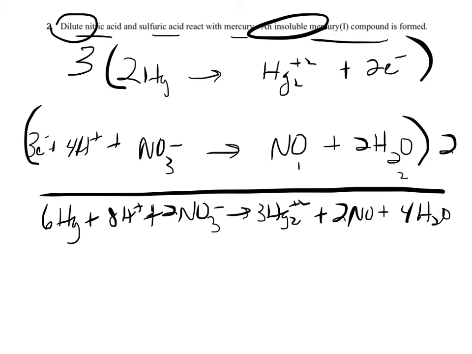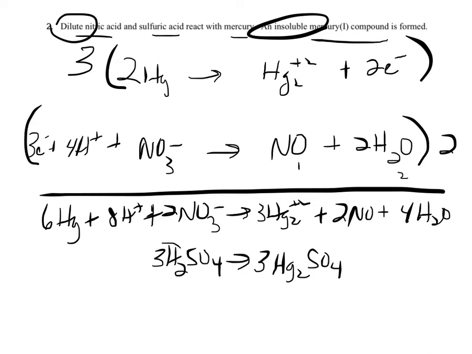Now, I've got to put this all together into my equation. A couple things we have to look at is we get an insoluble mercury 1 compound. So you have sulfate floating around here, which is going to be what makes that a solid, and it's important that I understand that I have 3 of those. So if I have 3 sulfates on this side, I'm going to need 3 sulfuric acids on this side.